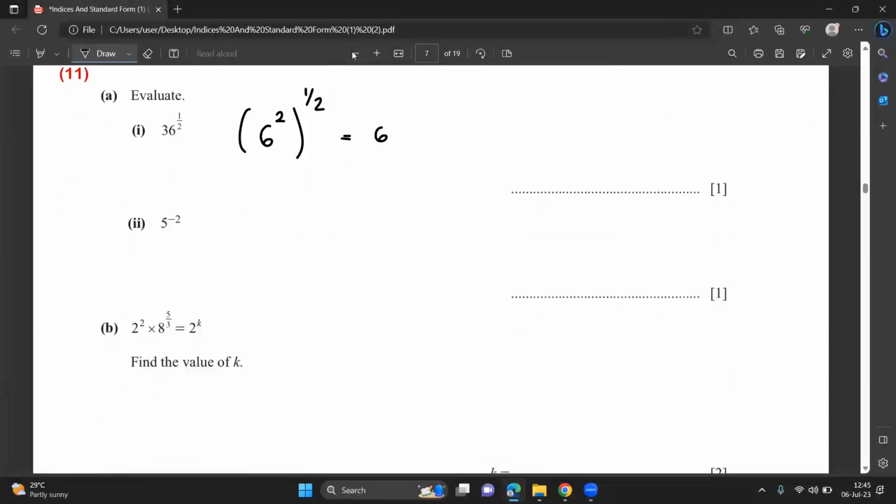Five to the power minus 2, how do we write this? Very good. 1 over 5 squared. What is 5 squared? 25. So your answer is 1 over 25. Got this right? Yes. Try the B part if you are done.